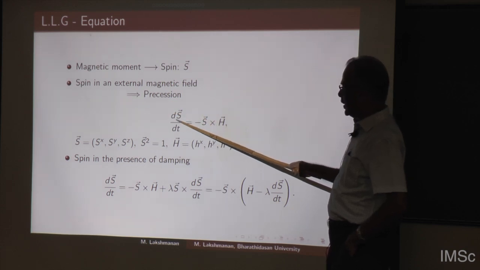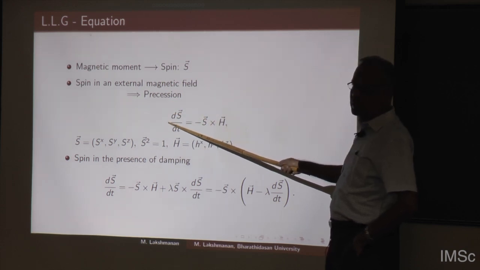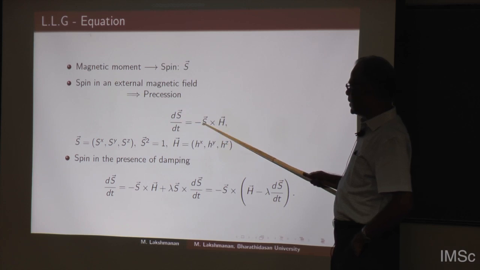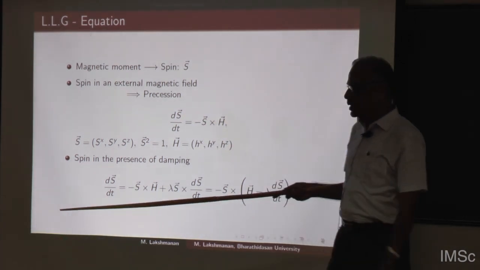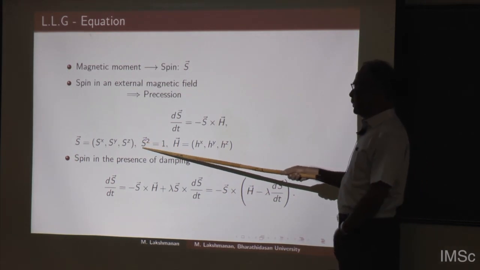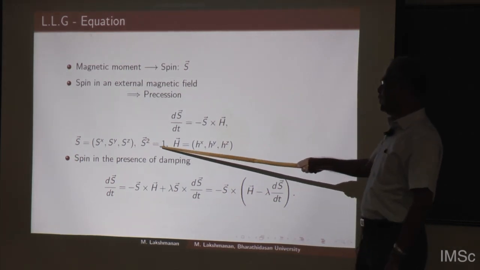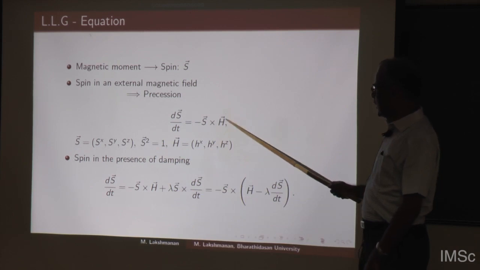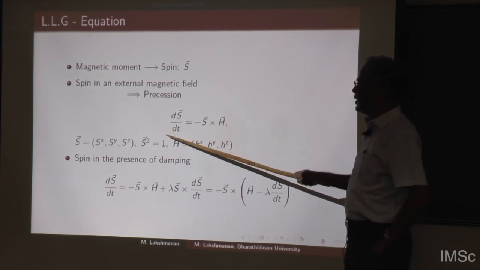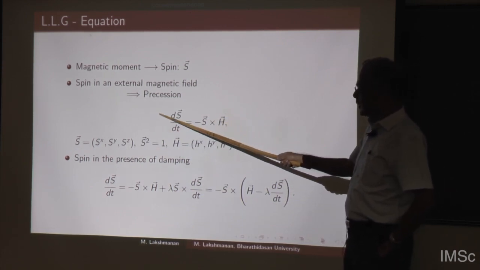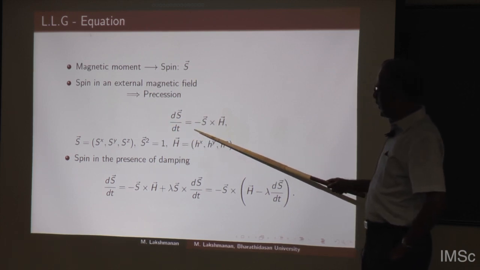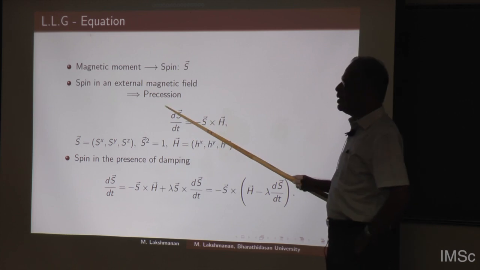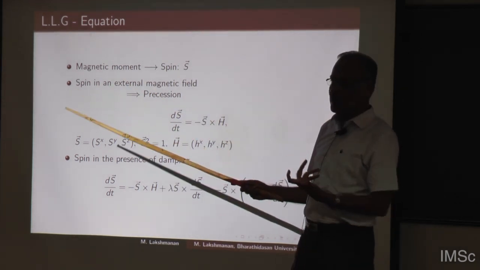If you take the scalar product with S, S dot dS/dt, obviously it becomes 0. So the spin length is conserved, and I can normalize it and take S squared equal to 1. And if you consider the magnetic field, again take the scalar product with H. If H is constant, independent of time, then S dot H is also constant.